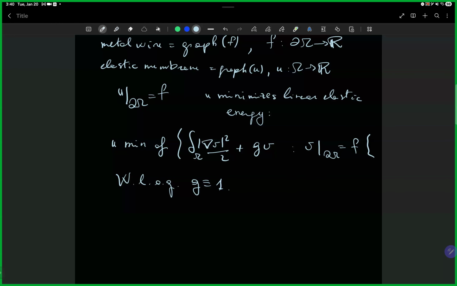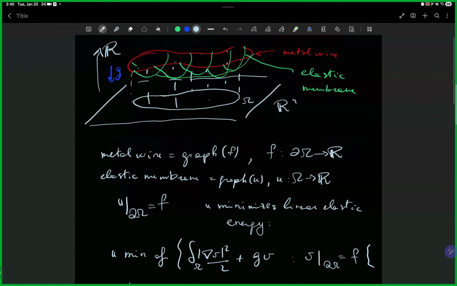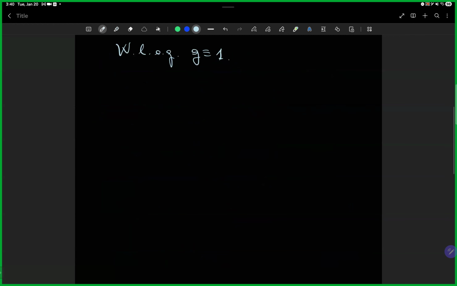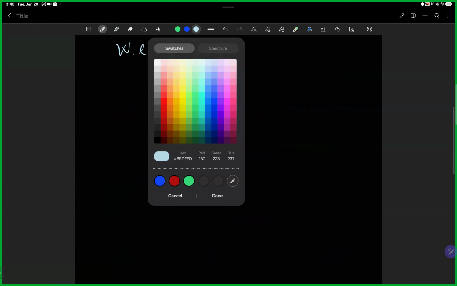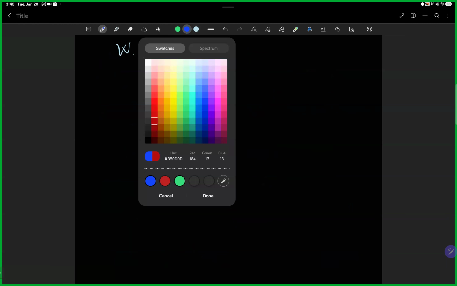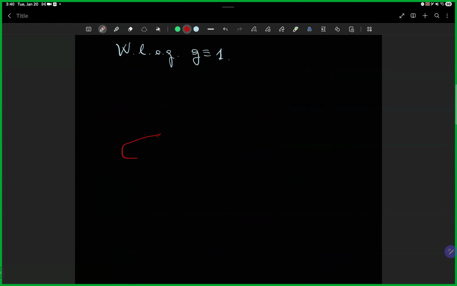Now I'm going to add a third constraint. The third constraint, and that's why we call it the obstacle problem, is that my elastic membrane is not allowed to cross the plane R^n. So now this plane R^n will act as an obstacle. What does it mean? Let me try to do the picture again. I have my metal wire again.